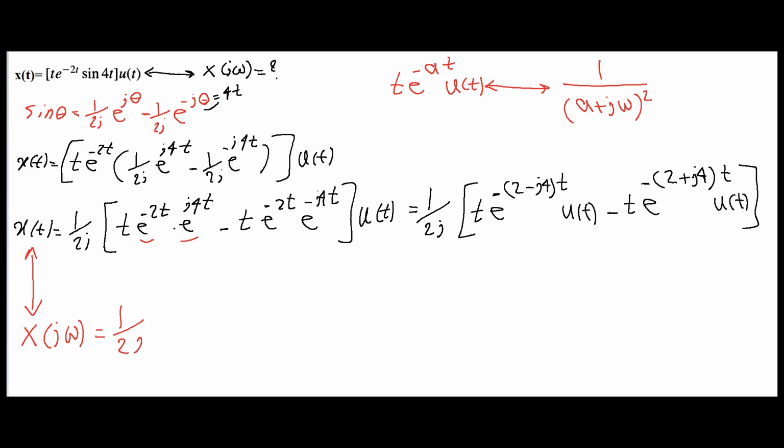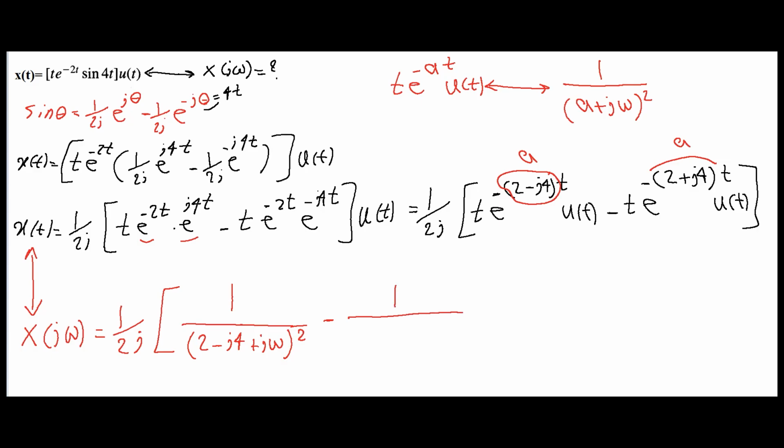So the Fourier transform of x(t), which we denote by X(j omega), becomes X(j omega) equals 1 over 2j times [1 over (2 minus j4 plus j omega) squared minus 1 over (2 plus j4 plus j omega) squared].